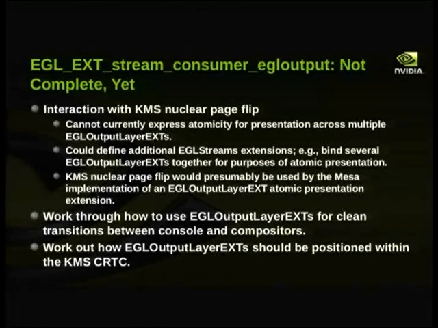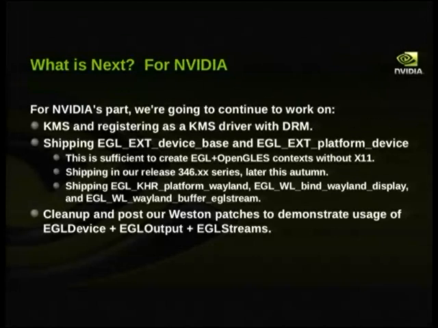And we'd have to work out how to do clean handoffs between console and a compositor driving this. Like, right now, the pseudocode I described did a mode set and then later did the first presentation. You'd want a way to specify the content that should be displayed when you first do the mode set. And then also positioning the output layers within the CRTC.